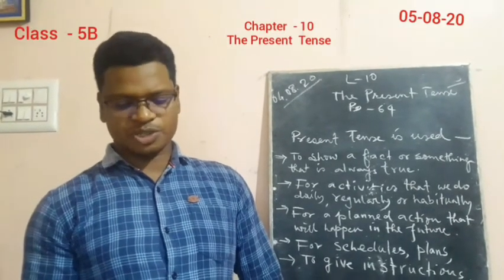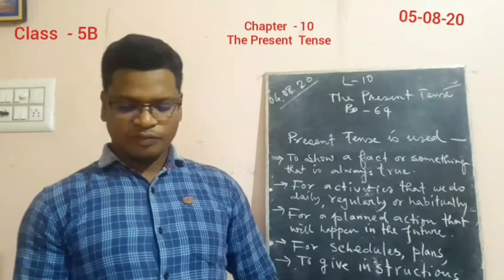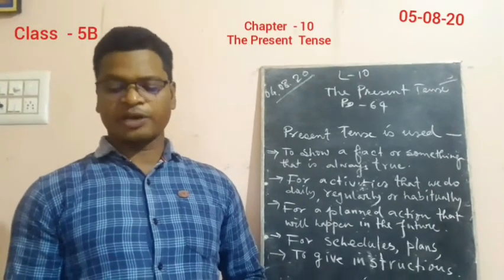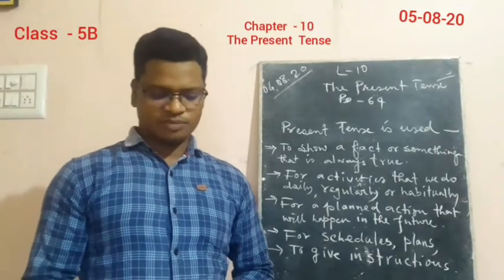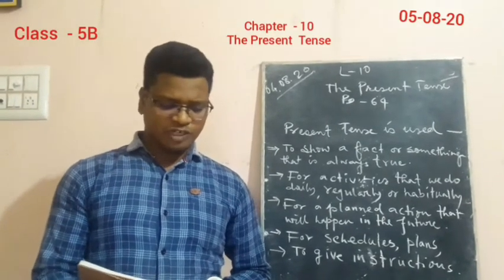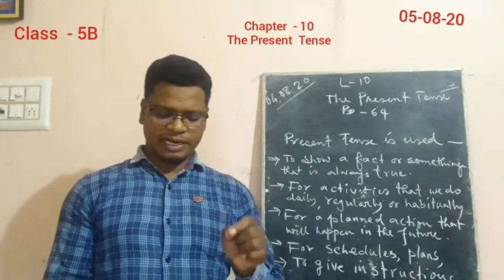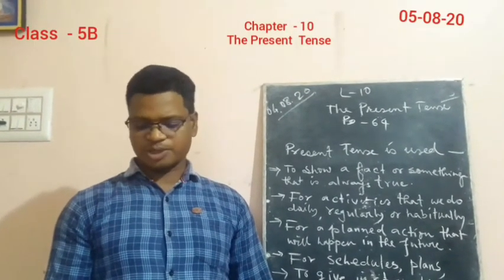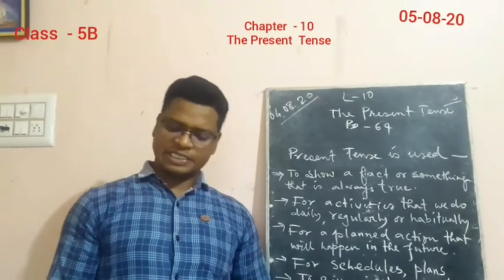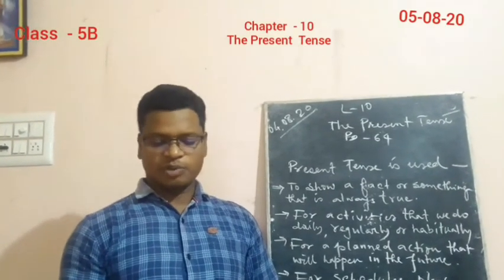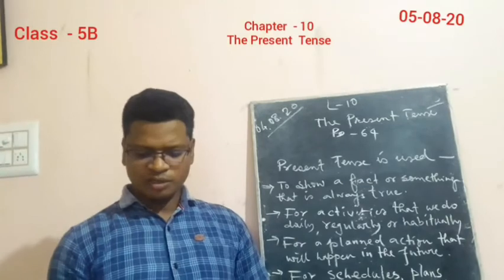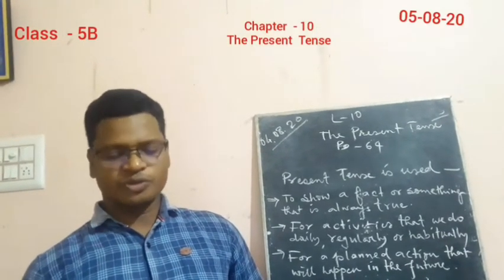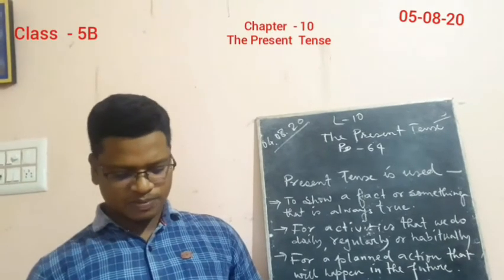On the other side, the present continuous talks about an action that is going on in the present or something that may or will happen later. The simple present uses the root form of the verb, that is plus s or es in the singular or plural. The other side uses am, is, or are plus the ing form of the verb. Now we have some sentences. You can just see them and read.